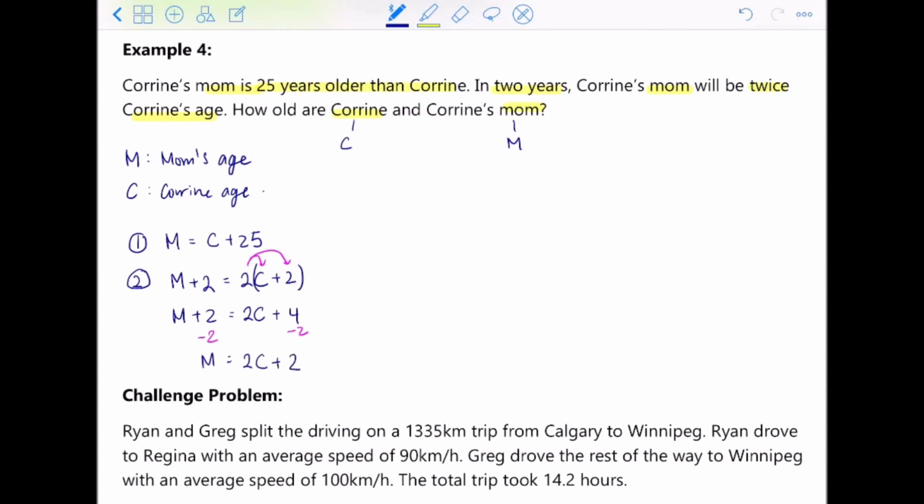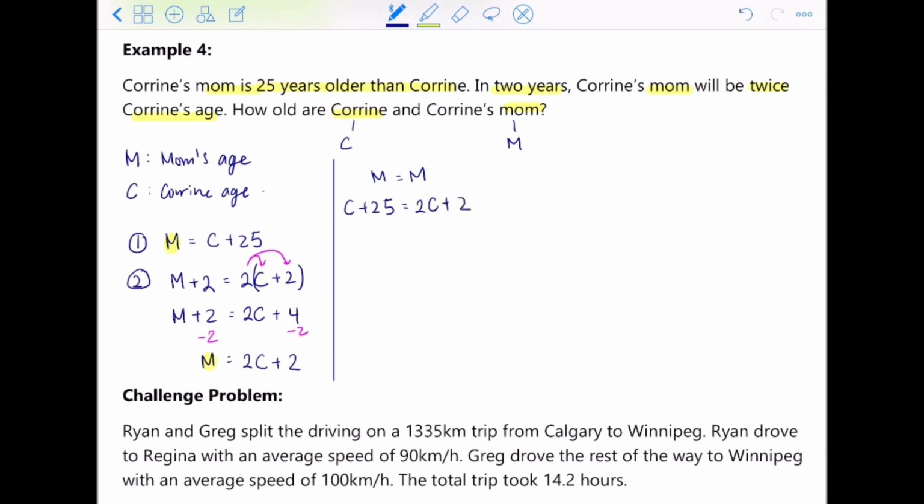All right, so we have 2 equations. Maybe this time, instead of elimination, we can try substitution. Because we have M's isolated here in both equations, we can just set it up now. So first M would be the first equation expression here, C plus 25. And the second M on the right-hand side would be the second equation expression for M.